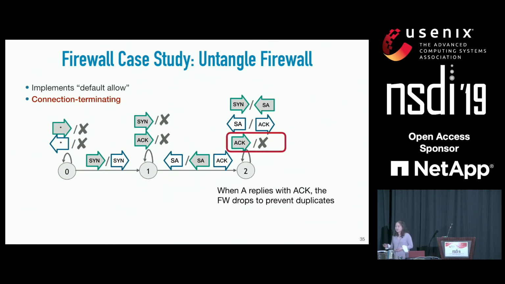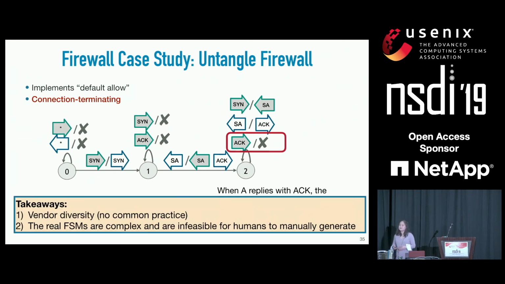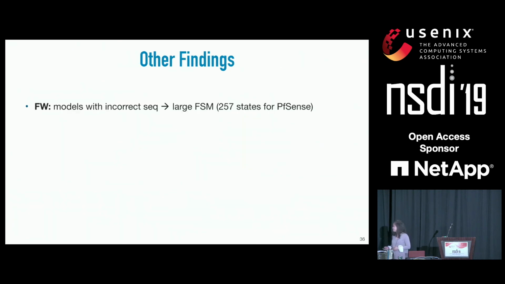When it gets the real ACK, it's going to drop it to prevent duplicates. So the takeaway from looking at 3 different firewalls is that every firewall we modeled was vastly different from one another, and the real FSMs are much more complex. Like one is connection terminating, the other one has 80 states. That's why we need Alembic-like tools to model NFs.